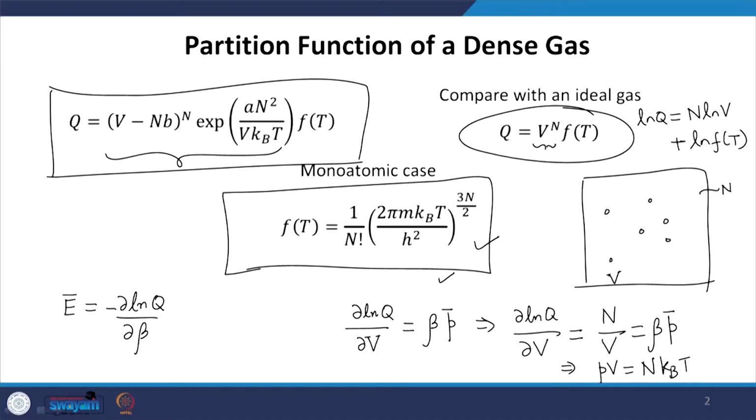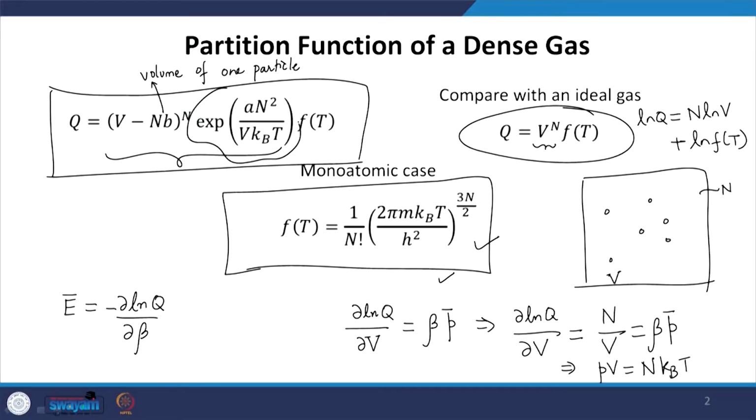Roughly speaking, b is the volume of one particle, and therefore once I place that particle, that volume is occupied. So the other particle can only come in the other part of the space, not in that space, and therefore the number of ways does not go like V to the power n, it goes to a lower number, something like (V minus nb) to the power n, and all of this is true only when n is large.